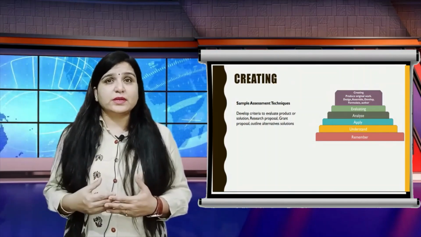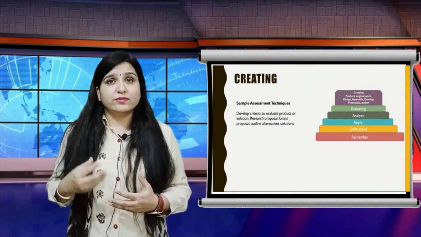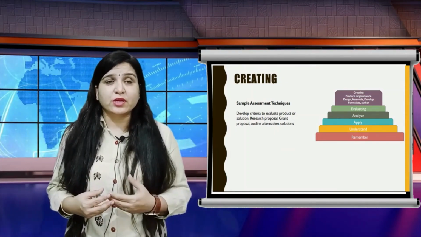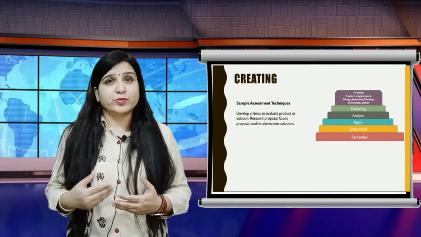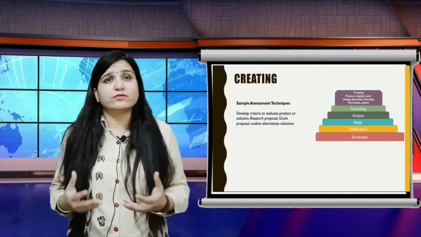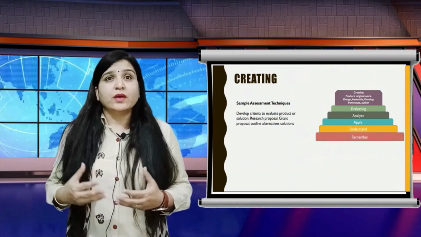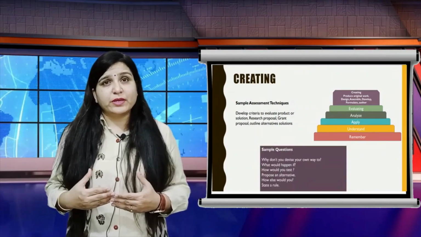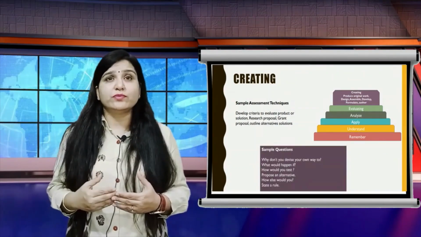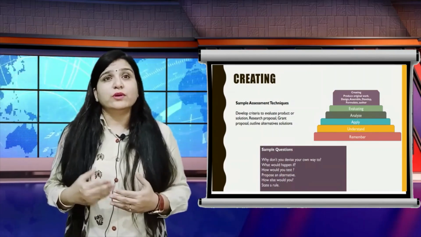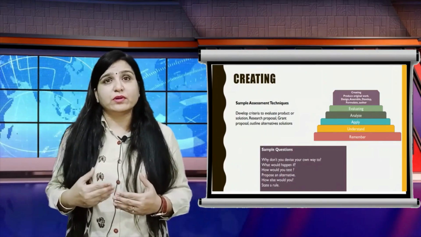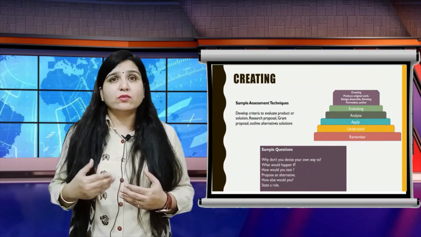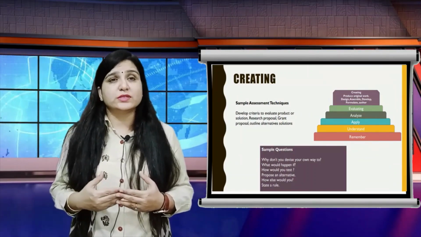The assessment techniques for this level can be developing a criteria to evaluate a product or solution, research proposal, grant proposal, outlining alternative solutions, etc. And the questions a teacher can frame for this level can be of the type: Why don't you devise your own way to do? What would happen if? How would you test? Propose an alternative. How else would you state the rule, etc.